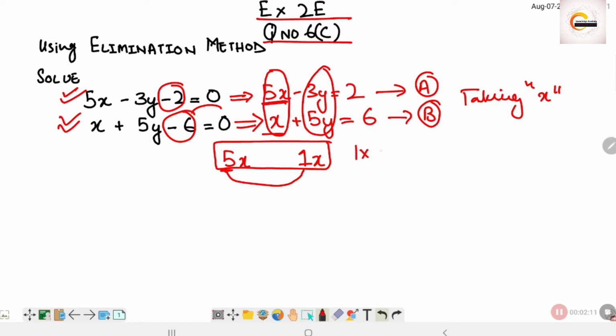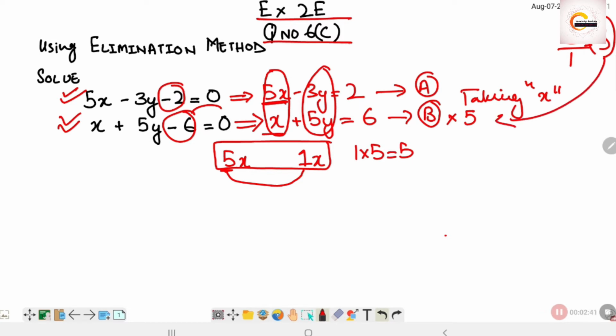As we know that 1 multiplied by 5 is 5, so we will simply divide 5 divided by 1 is 5, and we will multiply the equation with 5.